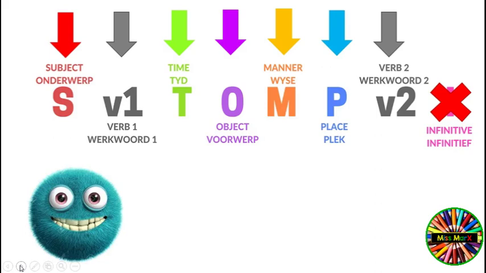Now, please pay attention. In a present tense sentence, you will not have a verb 2. We will only have one main verb at verb 1 in the beginning of a sentence, just after the subject. And also you'll notice I put a cross to the I in STOMPI because it's the infinitive and we're not dealing with that just yet. That's only for grade 7.